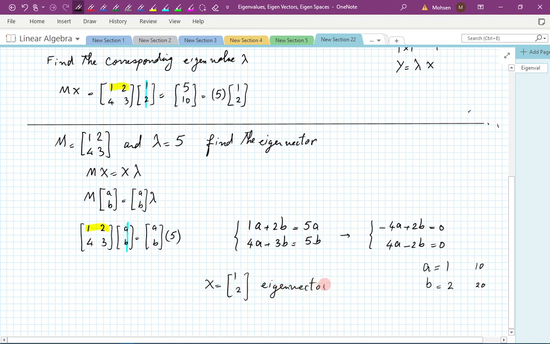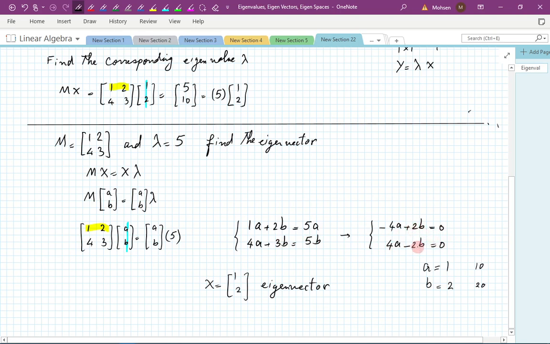So again, what was the process? The number is given, the eigenvector we don't know, we write a set of parameters like a and b or x and y, or x1 and x2, whatever style you want to choose. Multiply both sides, bring to one side, you have a system of equations. Previously we called it homogeneous.